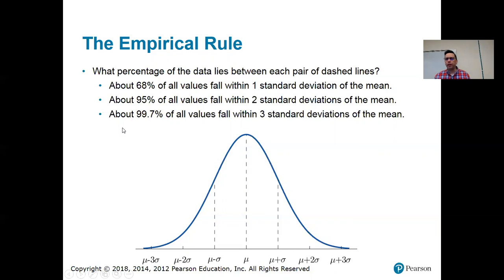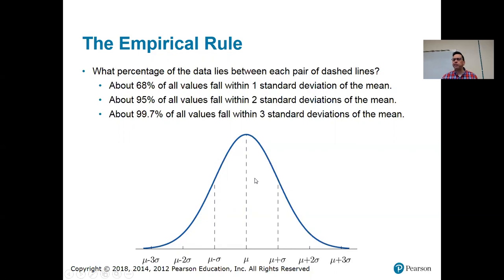So let's start with the first bullet. 68% of the values fall within 1 standard deviation of the mean. I'm hoping that people watching the video can see my mouse pointer. Here is 1 standard deviation below the mean, and over here is 1 standard deviation above the mean.